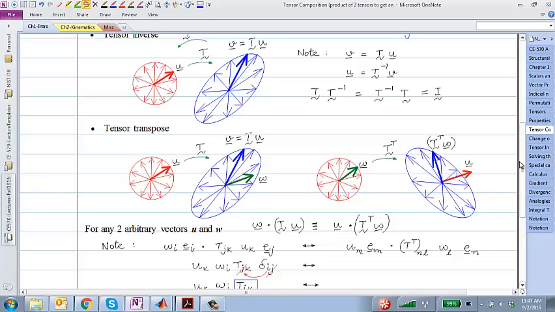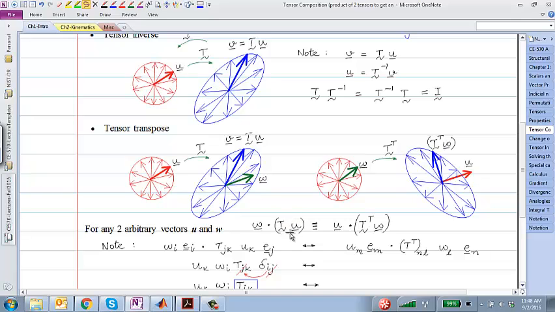But the way a matrix transpose, or even a tensor transpose, is defined is in this manner. See these three equal-to lines? This means defined. So the idea is that given a tensor T, pick any two arbitrary vectors, u and w, could be anything. As long as I compute T acting on u, I'll get some vector.